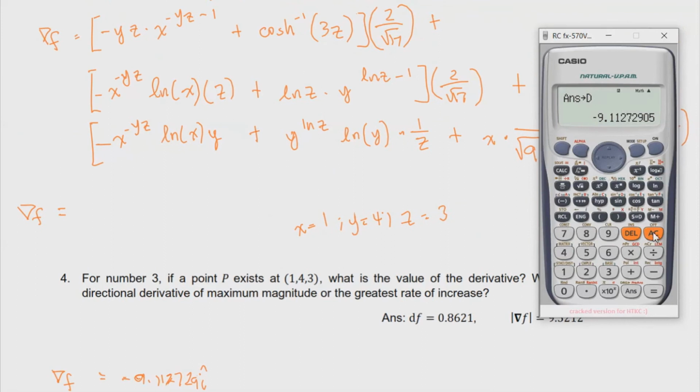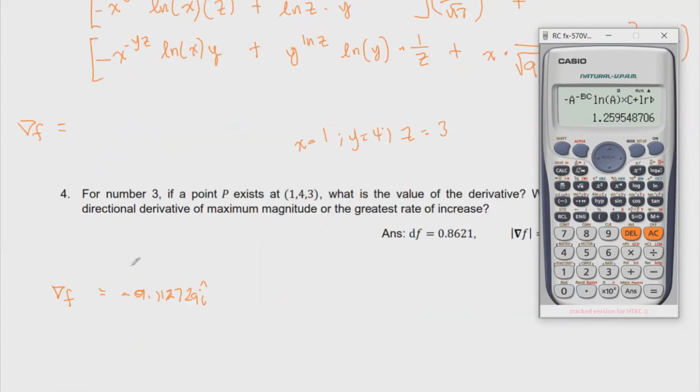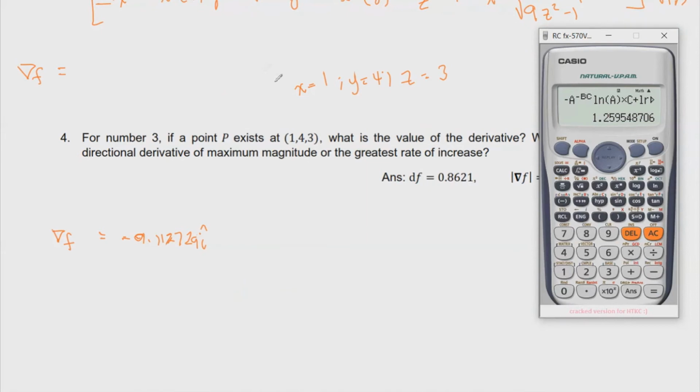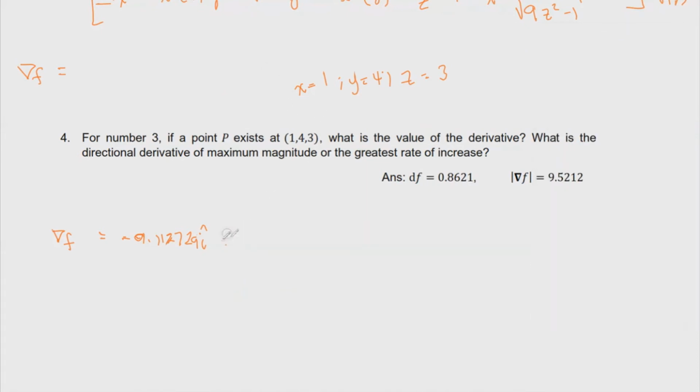You press AC, and then you have negative a, raised to negative bc, so that's 1.25954. So that is plus 1.25954, and then that is j hat.